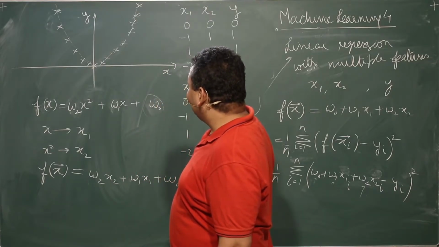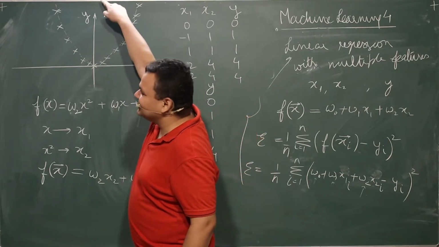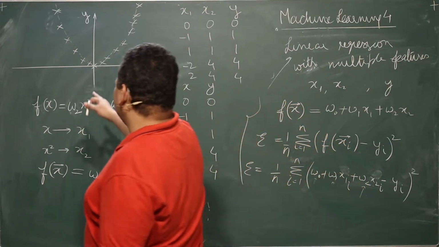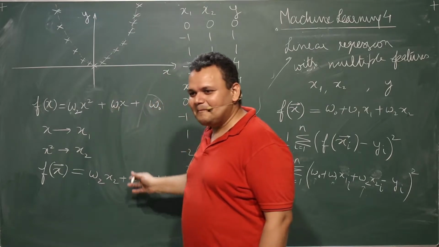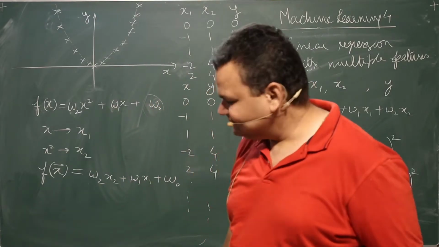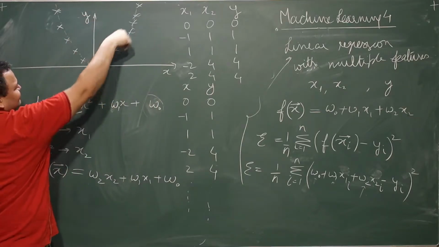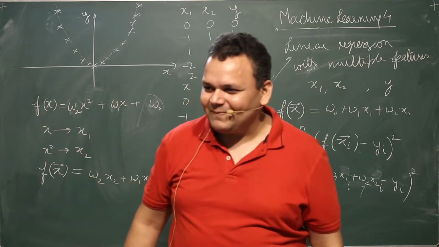And what else? It is symmetric across the y-axis, so W1 will also be 0. If W1 were not 0, then it would not be symmetric across the y-axis. It would have some tilt to either side.